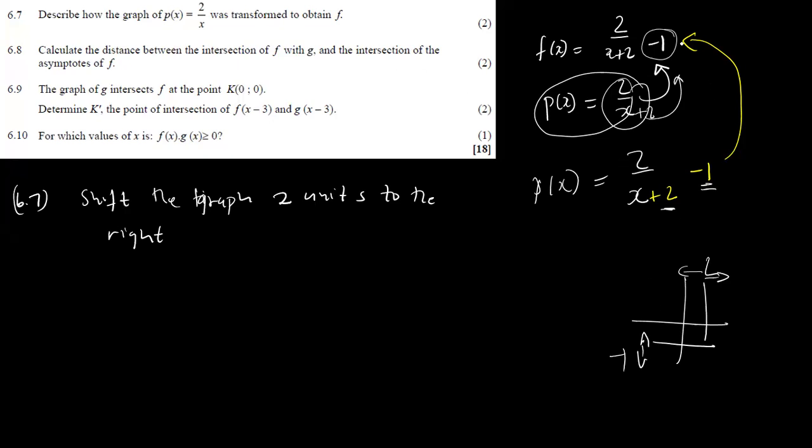We want to go back here, from here to here. How did we describe how the graph of p of x was transformed to obtain f? Not f to p. It is from p to f, because it says describe how the graph of p was transformed. Now look, here we have +2.